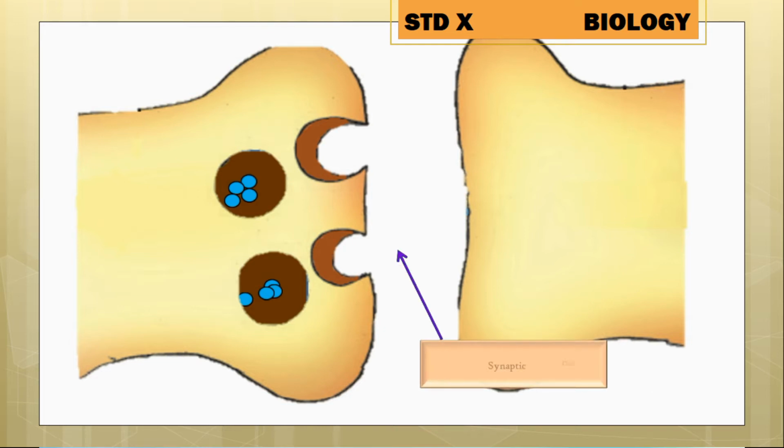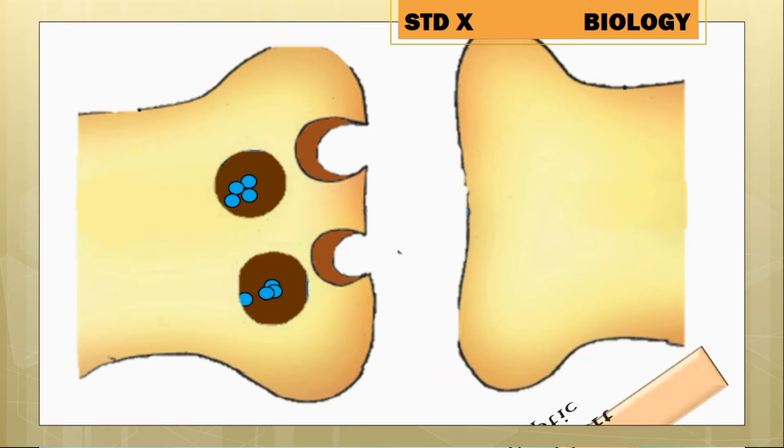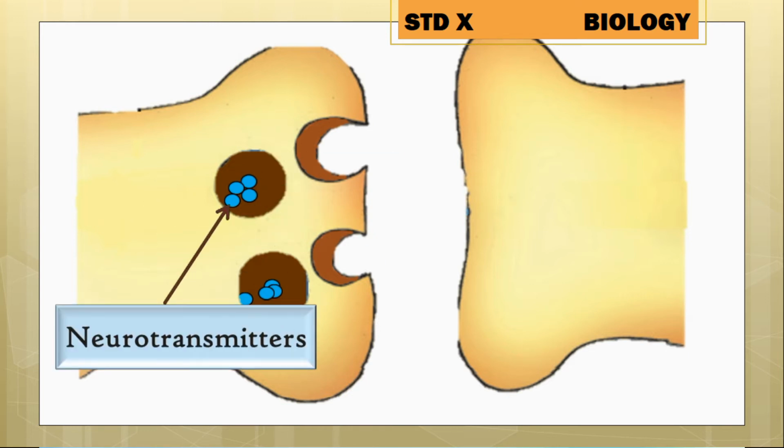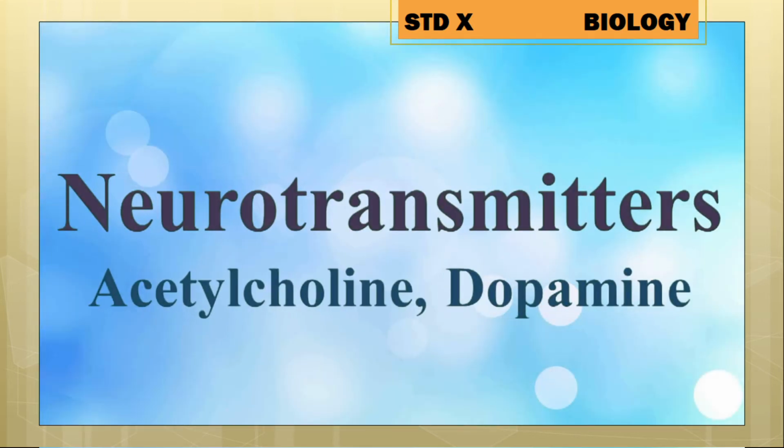Here you can see a gap in between the synapse that is known as synaptic cleft. These chemical substances are called neurotransmitters. They stimulate the adjacent dendrite or cell and new electric impulses are generated.